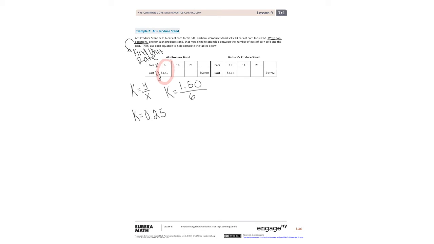Now we know that 1 ear of corn costs 25 cents. Now we need to write the equation. We have y equals our unit rate times x. Now we're going to plug our unit rate into k. So we have y equals 0.25x.